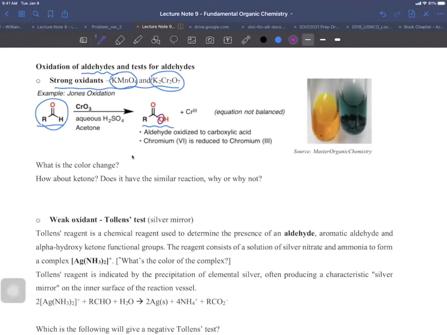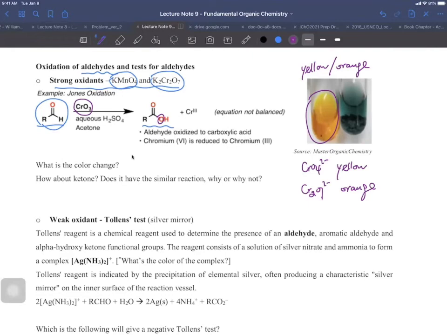But you may pay attention to the color change when the +6 chromium is used. The +6 chromium is either yellow or orange. It depends. If it's chromate, it's yellow. If it's dichromate, it's orange.